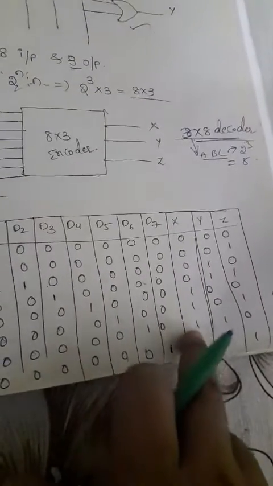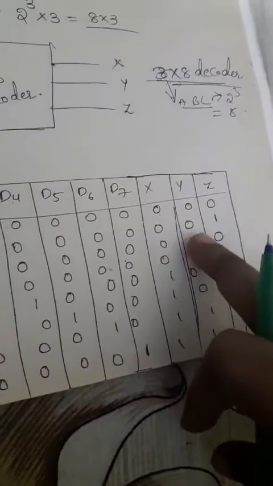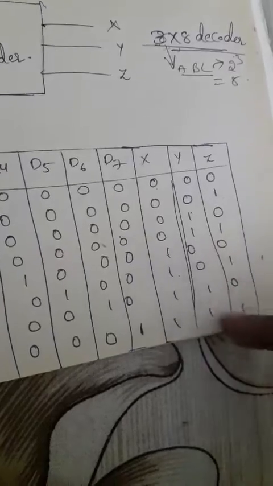Now I am writing the output function for X. Coming to the last 4 bits, the last 4 inputs are D4, D5, D6, D7, so we add all these: X = D4 + D5 + D6 + D7. Coming to Y, the 2nd, 3rd, 6th and 7th ones, so Y = D2 + D3 + D6 + D7.